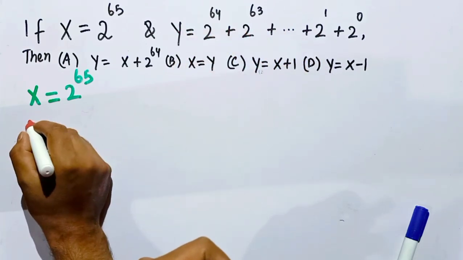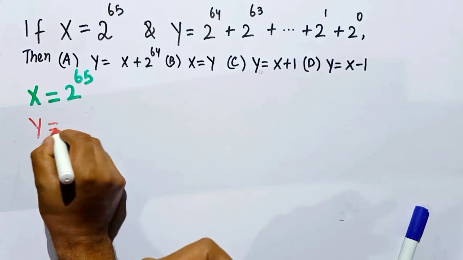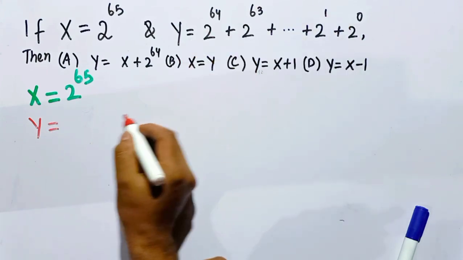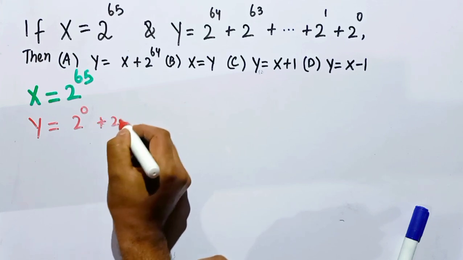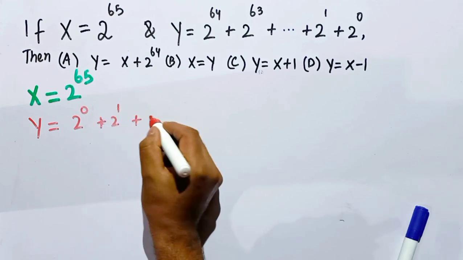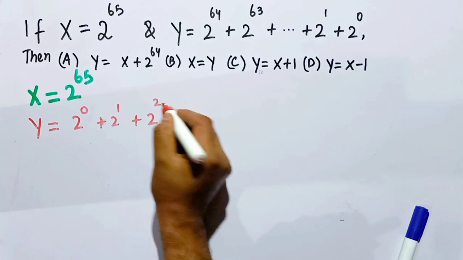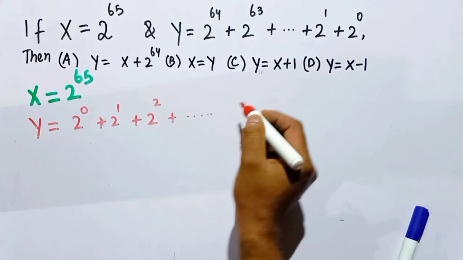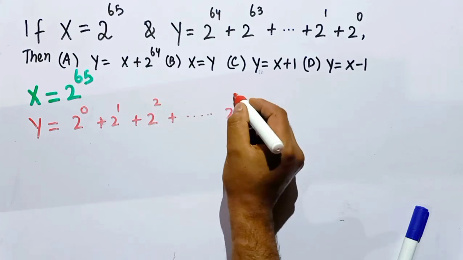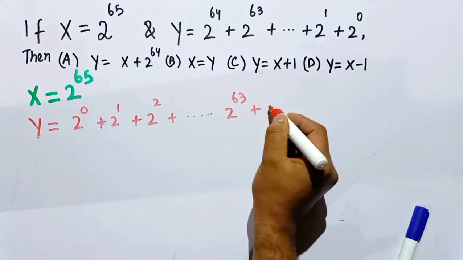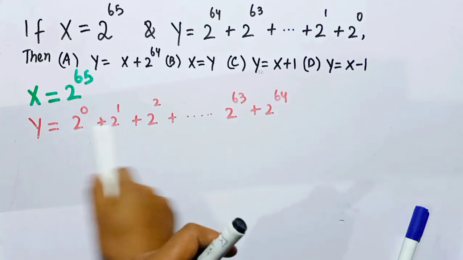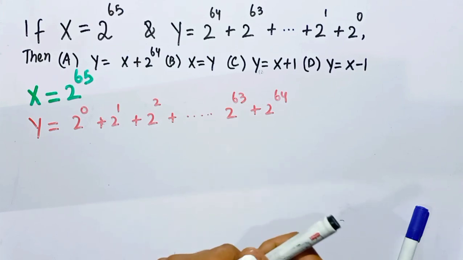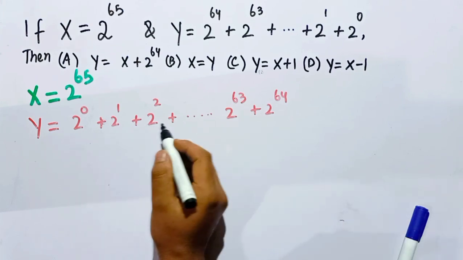If I write this y in reverse order, we have 2 to the power 0 plus 2 to the power 1 plus 2 to the power 2 plus so on up to 2 to the power 63 plus 2 to the power 64. You can see this is a geometric series. Okay, and what is the common ratio?